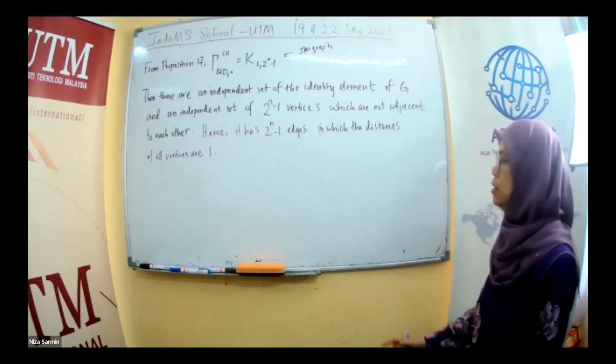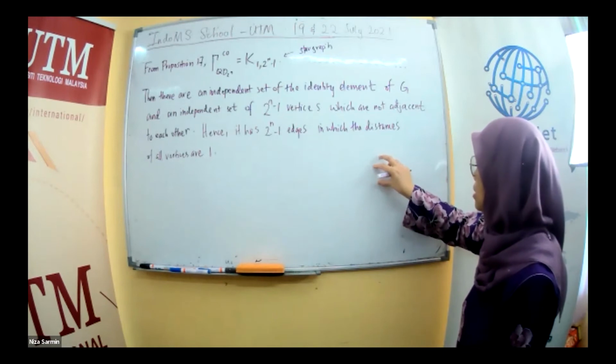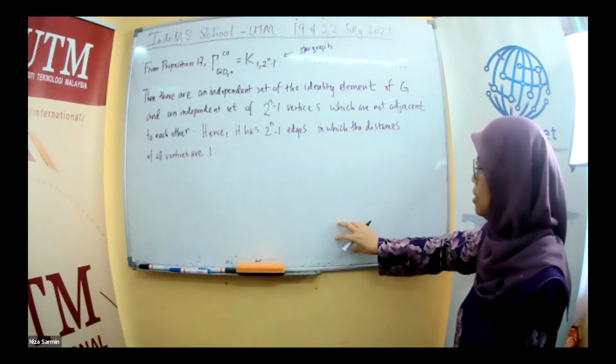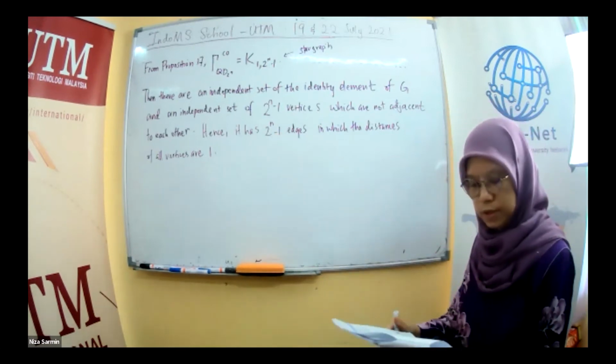So there's one set with the identity vertex, and then there's another one, and another one. So you have this many.